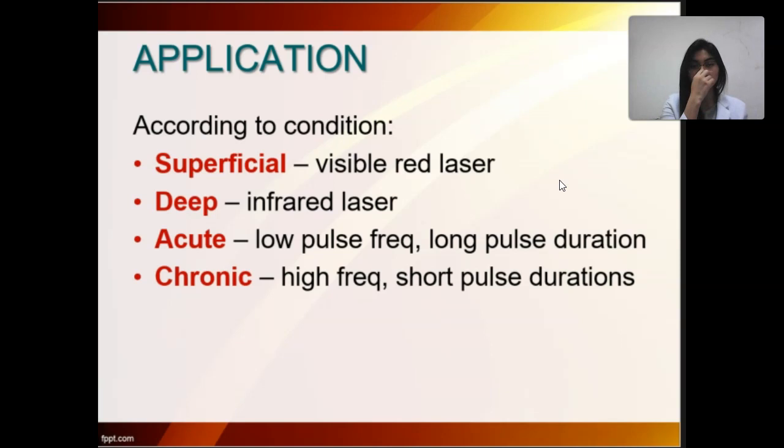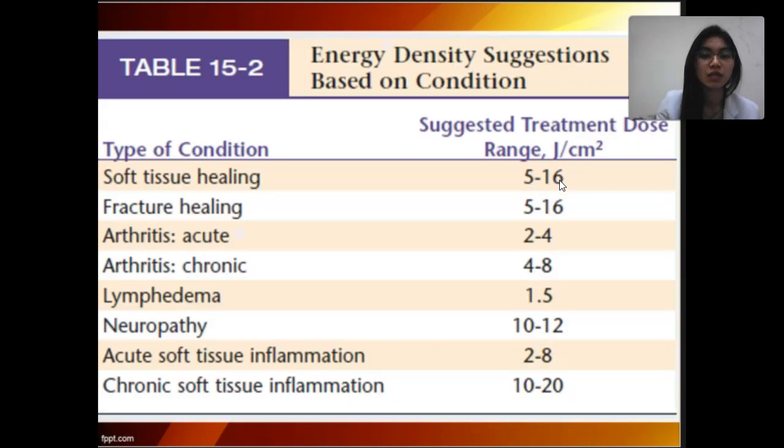And then, according to condition, for superficial, we have the visible red laser, infrared laser for deep, and for the acute, low pulse frequency or long pulse duration, and chronic naman, high frequency short pulse durations. Okay? So, these are the suggested treatment dose. So, ito dapat medyo alam niyo pa.